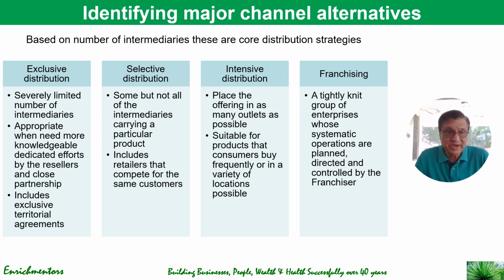And when is it appropriate? When you need more manageable and dedicated effort on the part of your resellers and close partnerships. So you need smaller numbers and you need a close, dedicated relationship. And this includes exclusive territorial agreements. So that's how exclusive distribution happens. An example is Apple.